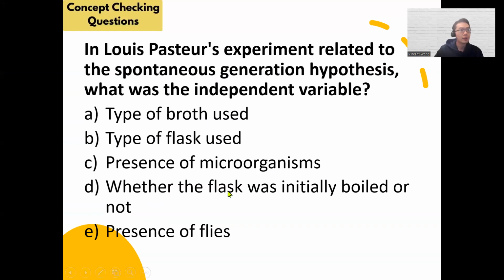Let's see if you can answer this question for me. You can read it first, and then I will launch the poll. In Louis Pasteur's experiment related to the spontaneous generation hypothesis, what was the independent variable? Okay, I'm going to launch the poll now.